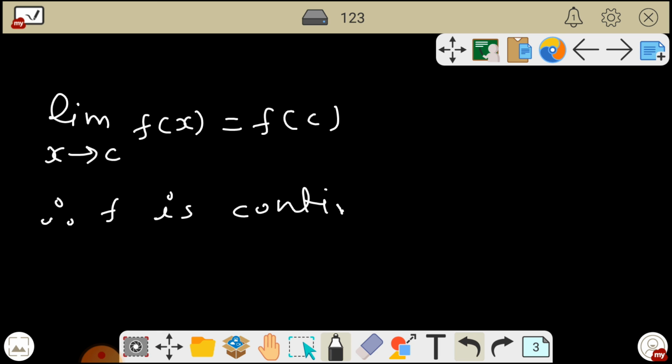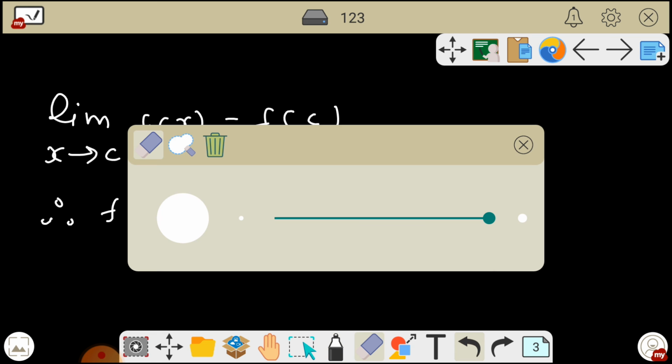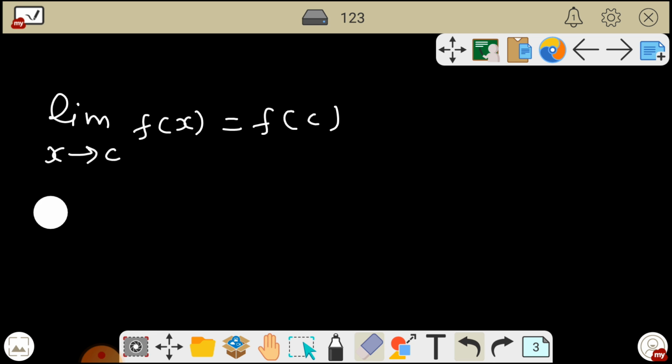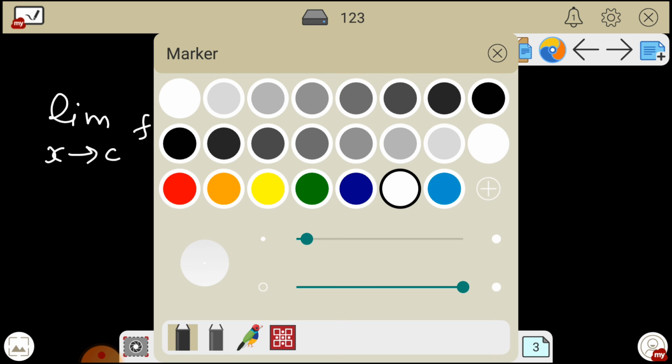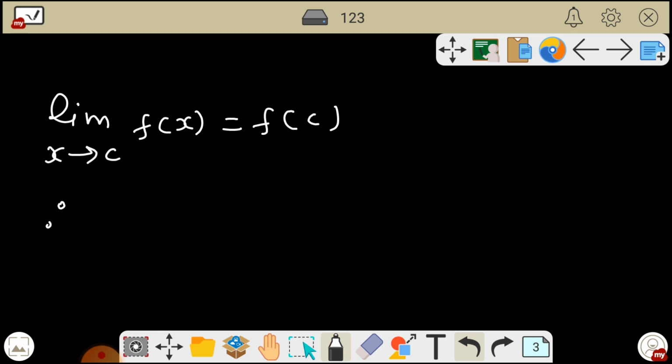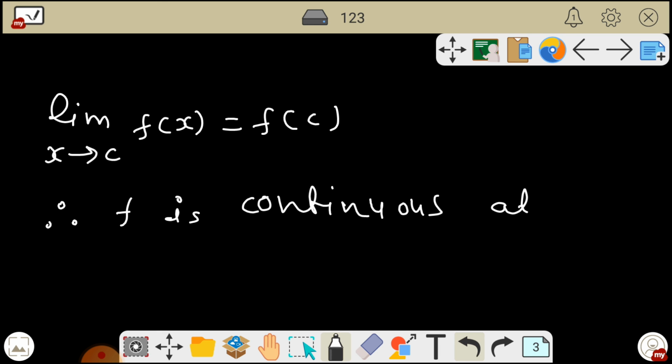Therefore f is continuous at every point in the real line.